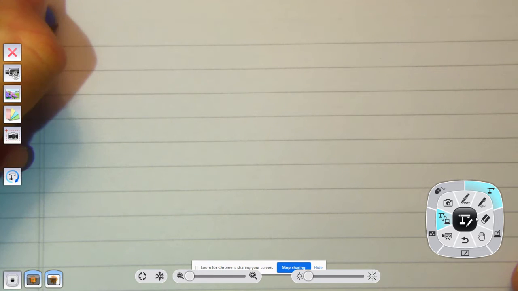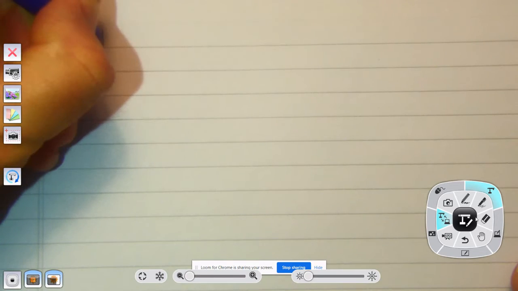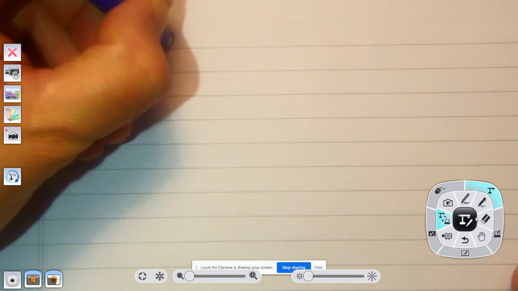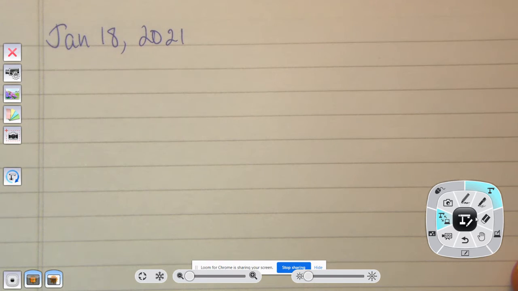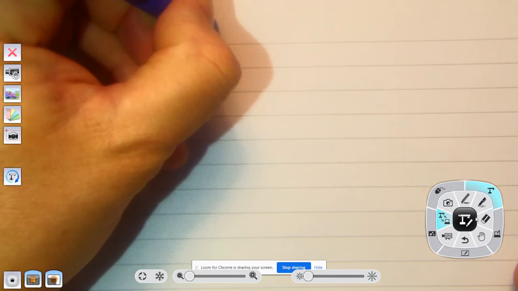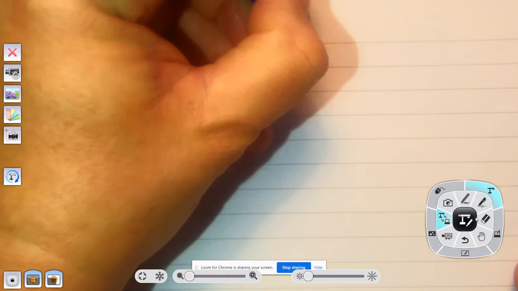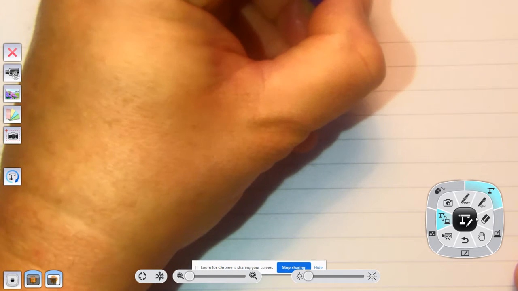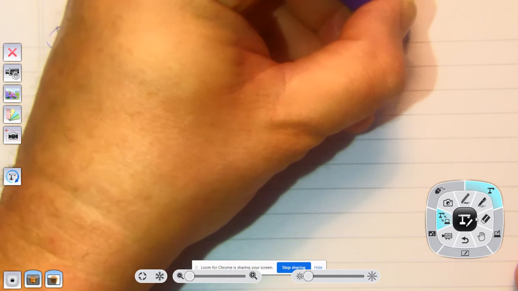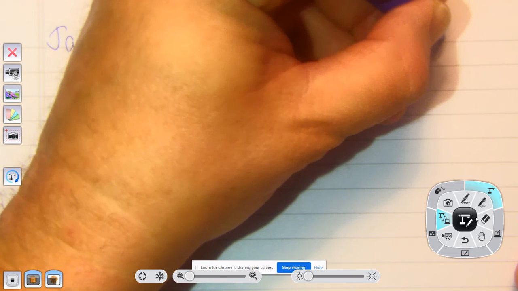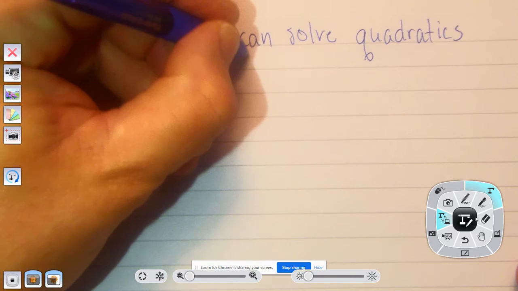Rather, we're going to solve them by factoring. So today's date, January 18th, 2021. All right, and you're going to be able to solve quadratics by factoring.